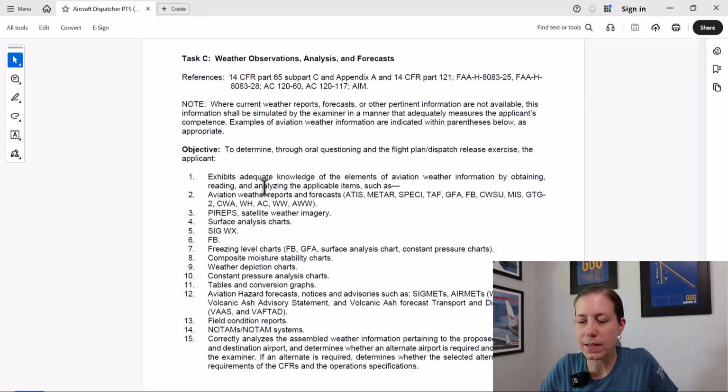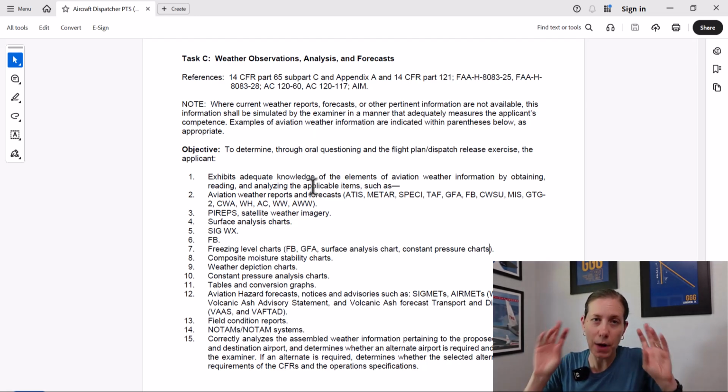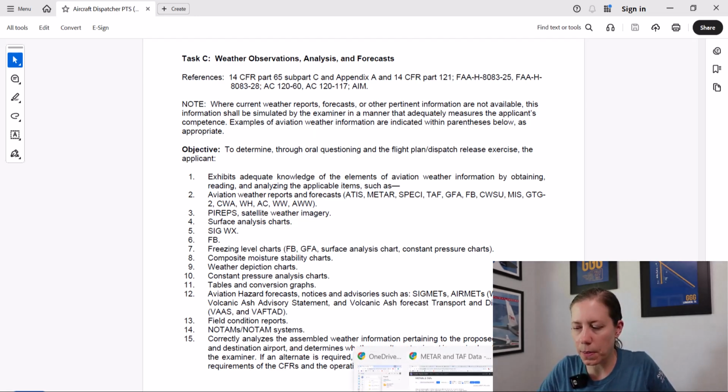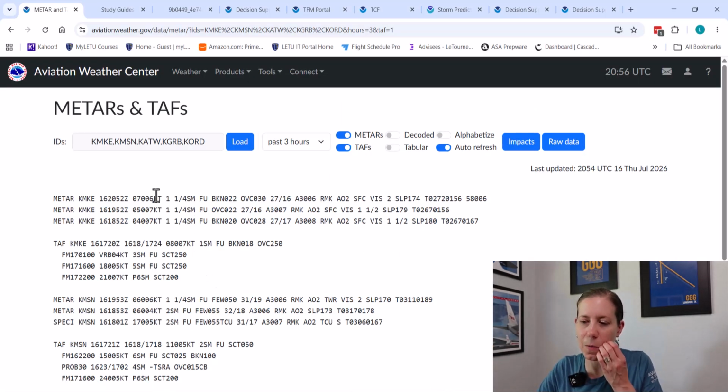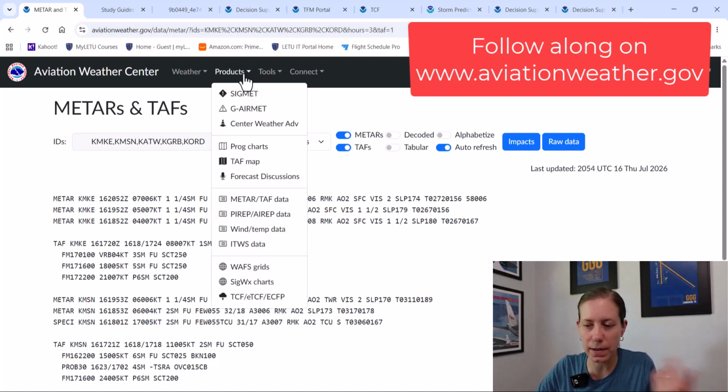So let's start with, because basically they want you to obtain, read, and analyze items. Okay, so it's going to center around your simulated flight for your practical exam, like the one that you planned. But I'm going to start off with the very simple stuff. Basically I went to aviationweather.gov. I'll show you how to find these so you can practice. I went to products, METAR TAF data.